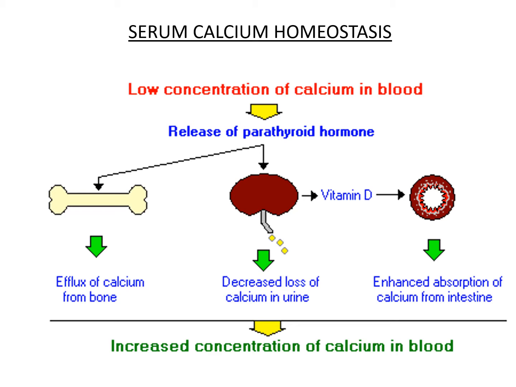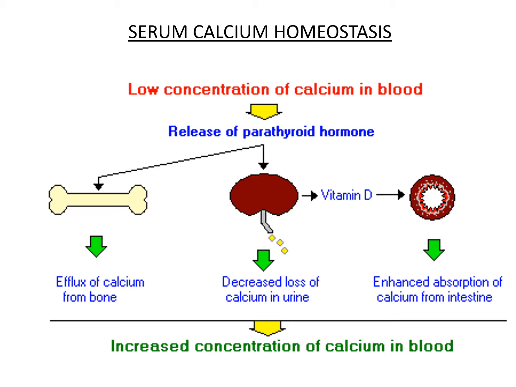Your serum calcium is going to drop. That's going to lead to release of parathyroid hormone from those parathyroid glands and bone breakdown. And that is why patients with chronic renal disease can end up with bone disease and osteoporosis, because the kidneys are unable to make the vitamin D.